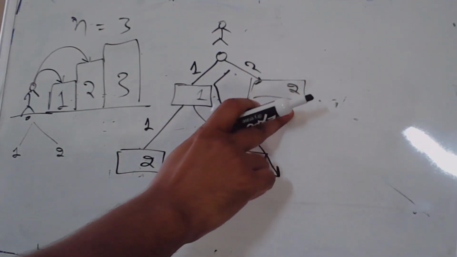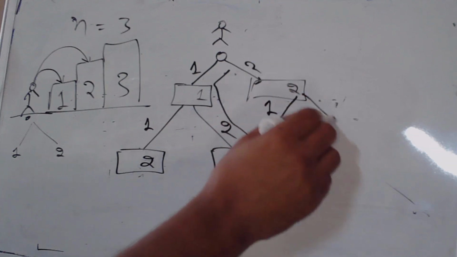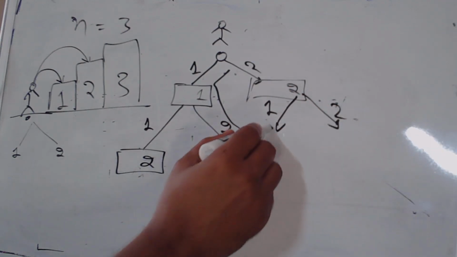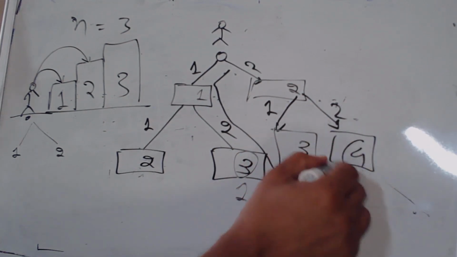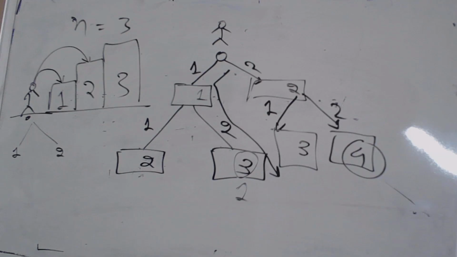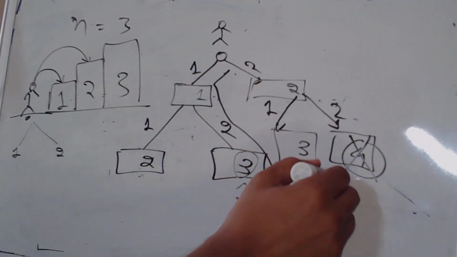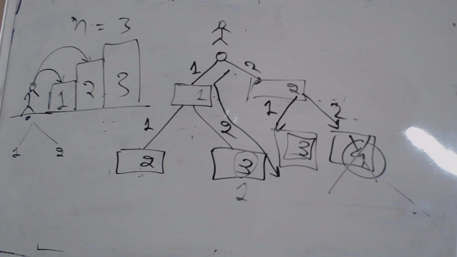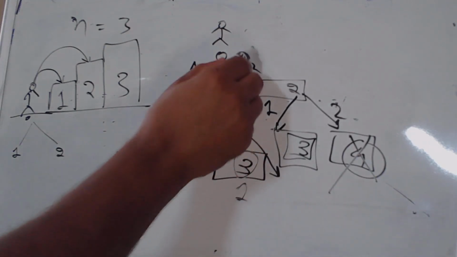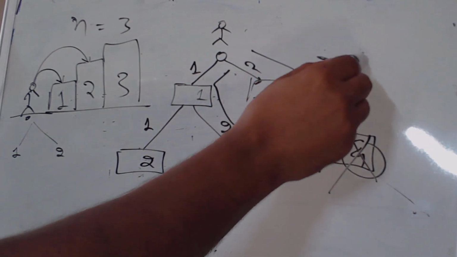Now here, after he takes two steps, either he can take one step or he can take two steps again. So this will become 3 and this will become 4. Since 4 is greater than our third step, this is invalid. But here we again reached the top. The time we reach the top, this is again a possible way, that is 2 and 1.